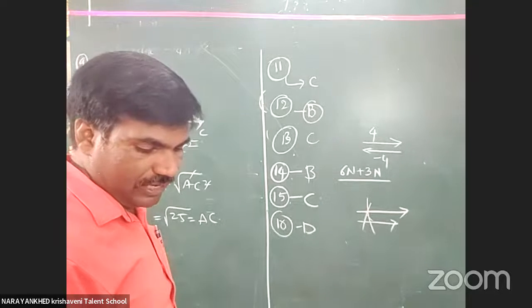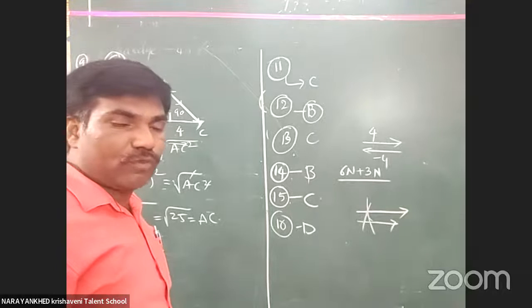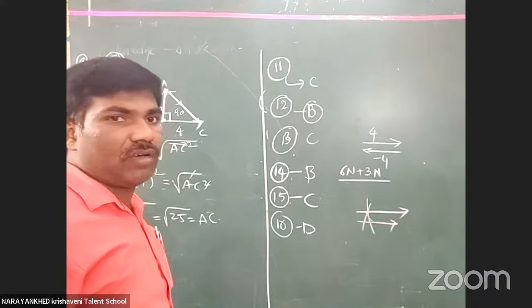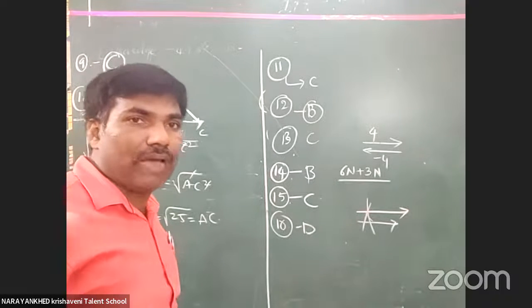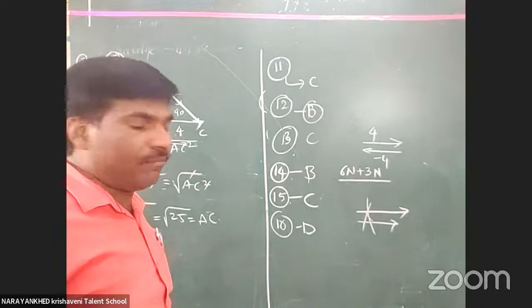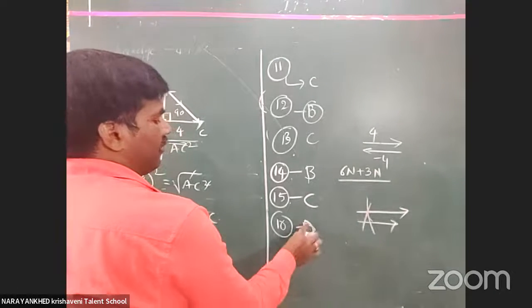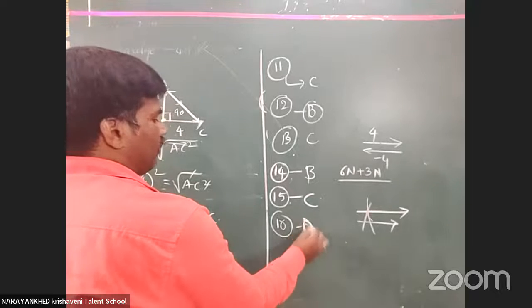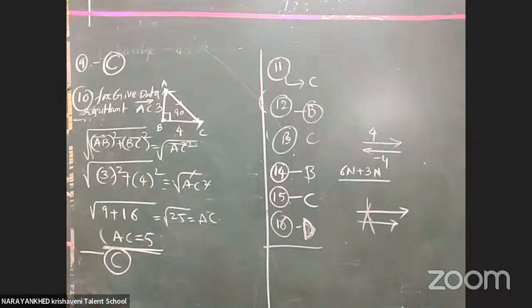Got it or not? If any one of them is the same, it is not unequal. Both should be different only. Okay, this is about our vector analysis concept. All the answers, note them down at once.